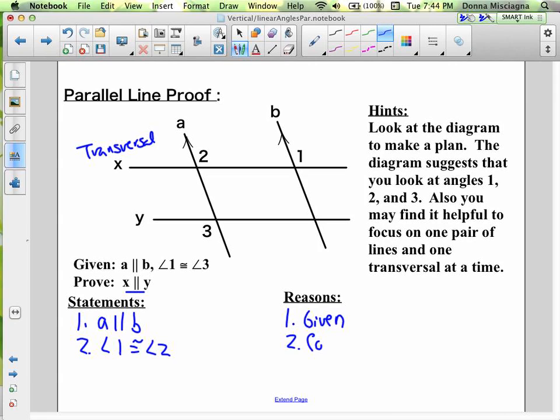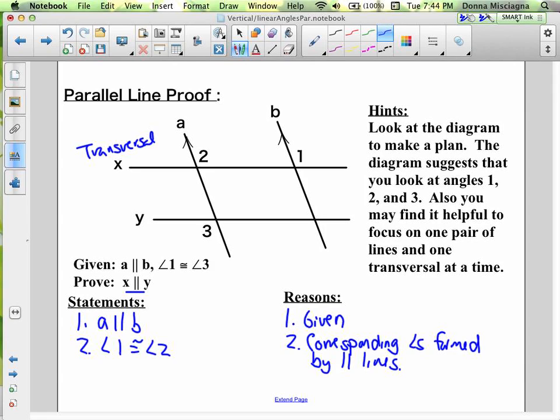Well, those are corresponding angles formed by parallel lines. It's important that those are only congruent when my lines are parallel.